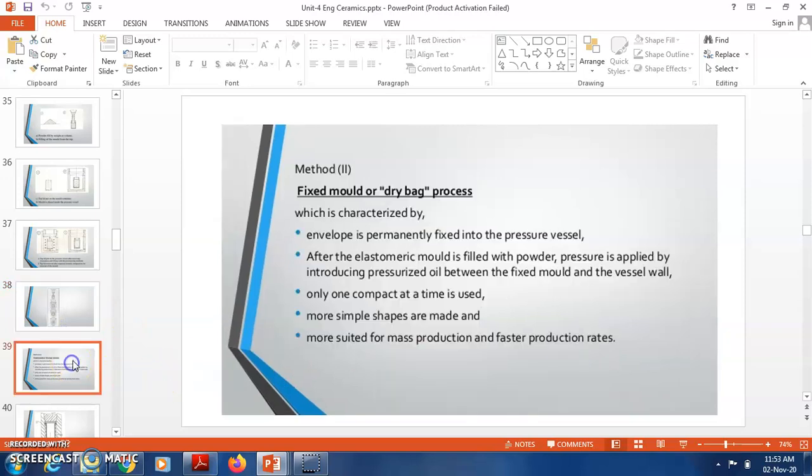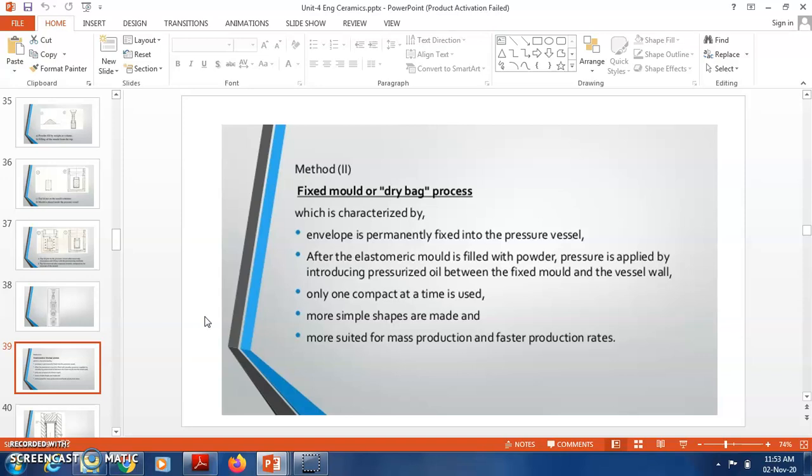The next process is the dry bag process. The first one is the wet bag process, and the second is the dry bag process, which is characterized by the envelope being permanently fixed into the pressure vessel. After the elastomeric mold is filled with the powder, pressure is applied by introducing pressurized oil between the fixed mold and the vessel wall.